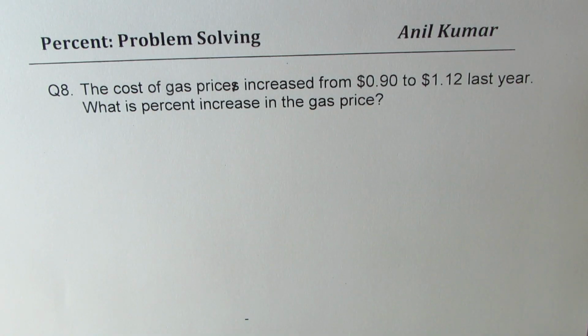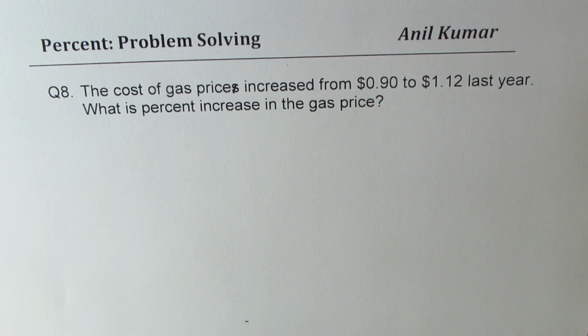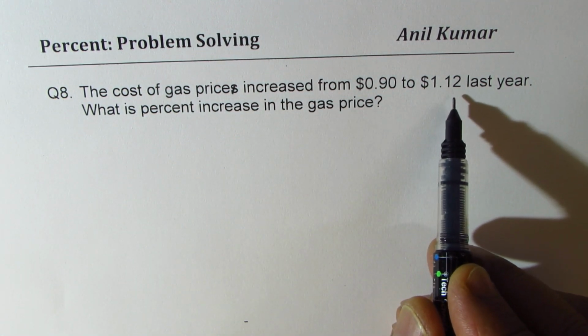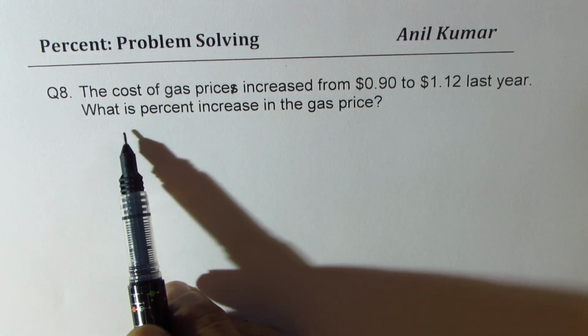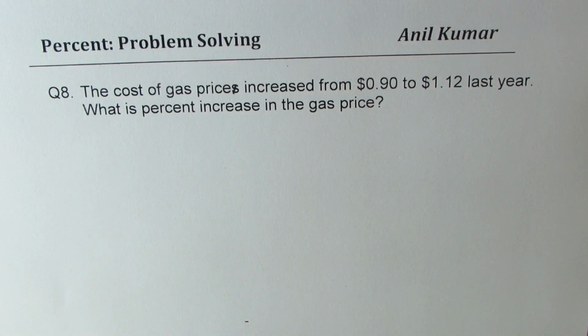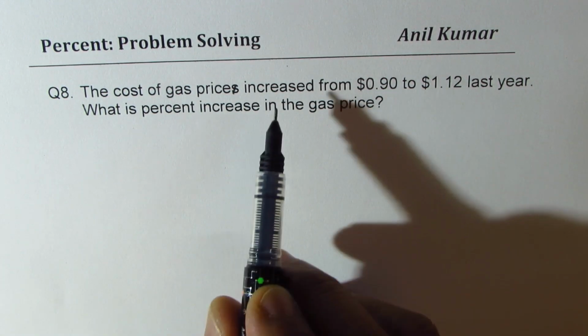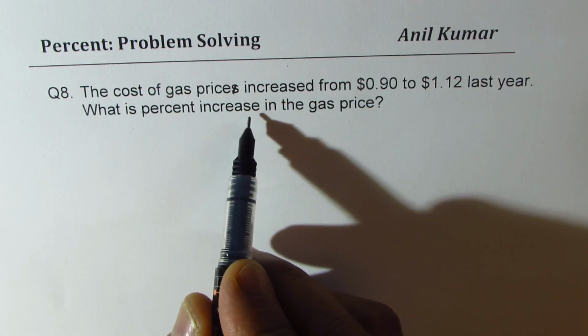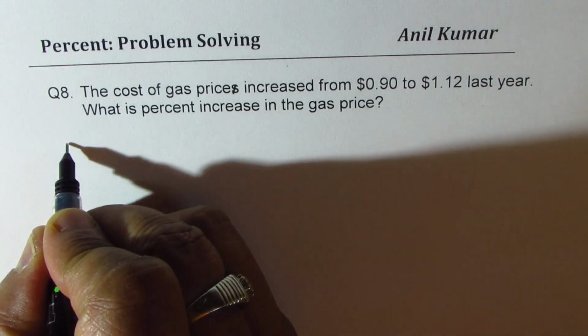Question number 8. The cost of gas price increased from 90 cents to $1.12 last year. What is the percent increase in the gas price? Now this question is slightly different from all others. So let me tell you how to do it. We want to find percent increase in gas price. So there's a formula.